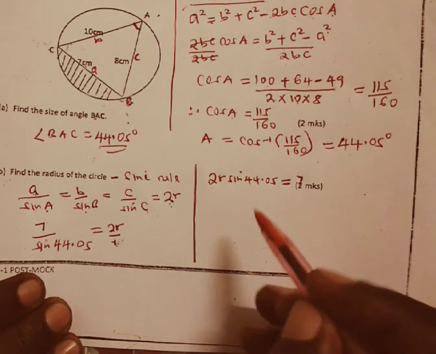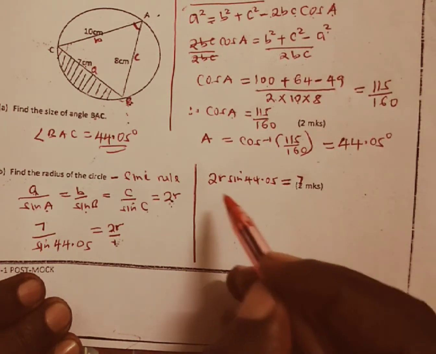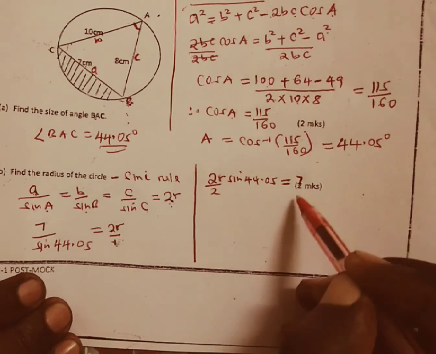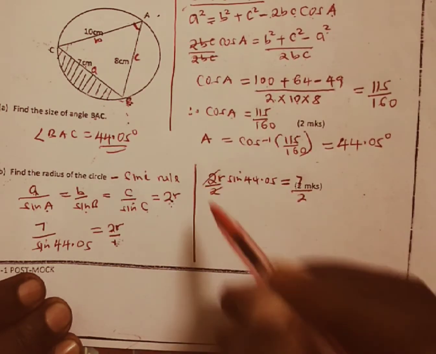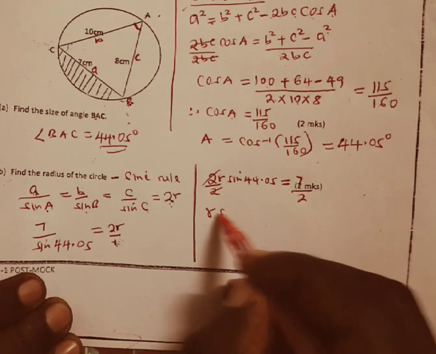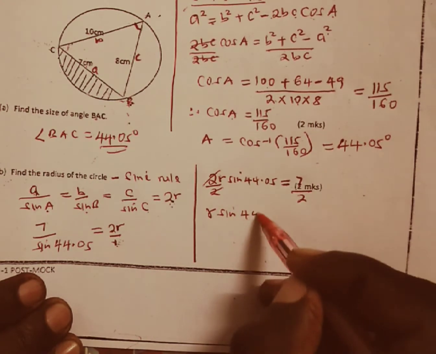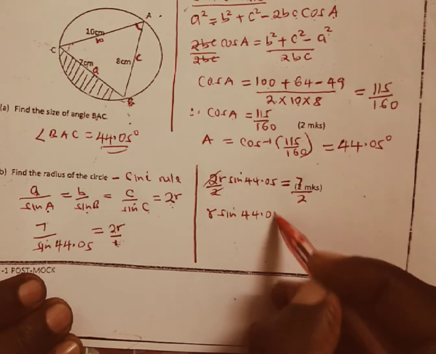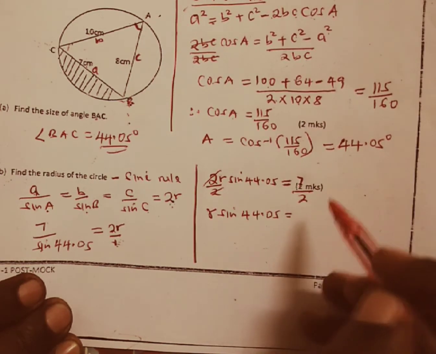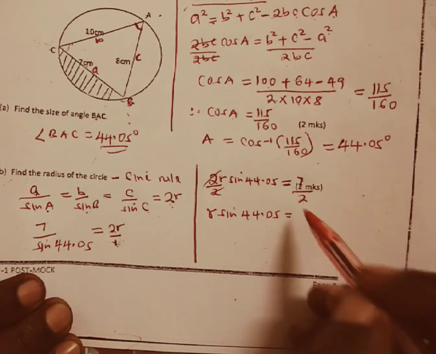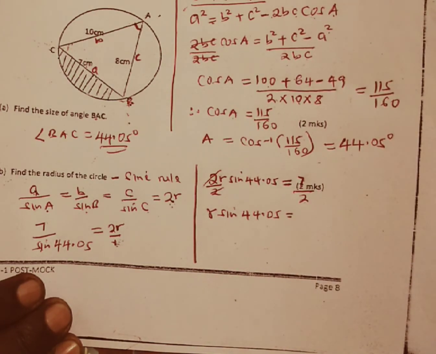If we move further, we divide by 2 first. So r sine 44.05 is equal to 7 divided by 2, and 7 divided by 2 gives us 3.5.